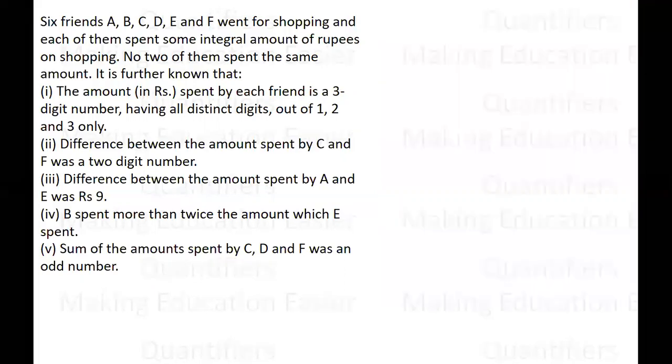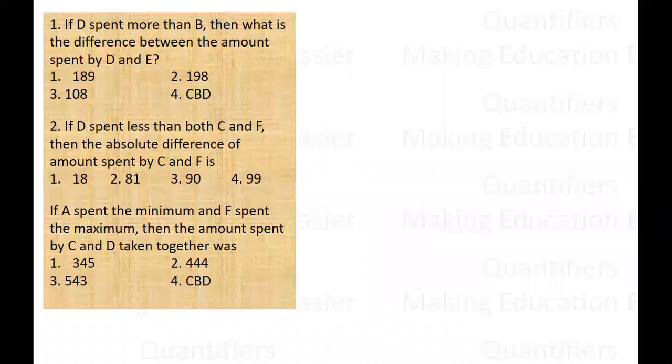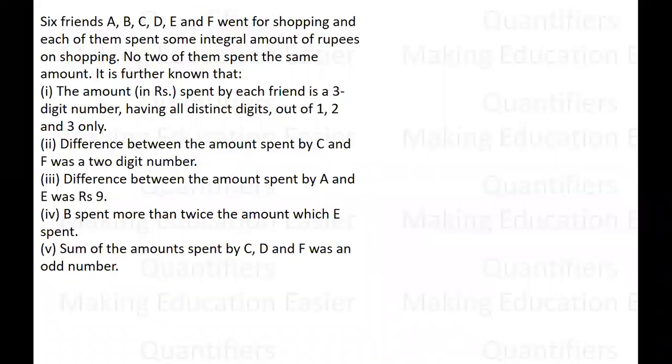So let us start with this one. It says that these six friends used only money which can be formed by the digits 1 to 3 only.